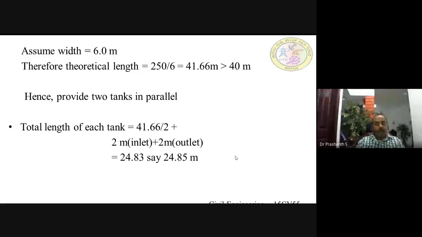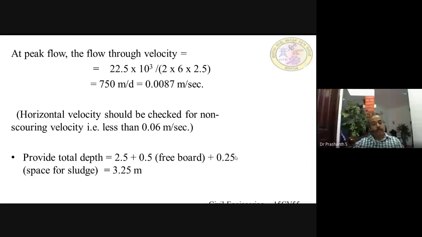You have already designed the primary sedimentation tank in water supply engineering. Even this design is based on the same principles. So now at peak flow, what is the flow through velocity? Because we have assumed the width of the tank as 6 meters, and we have found the floor area based on the assumption of 40 SLR.